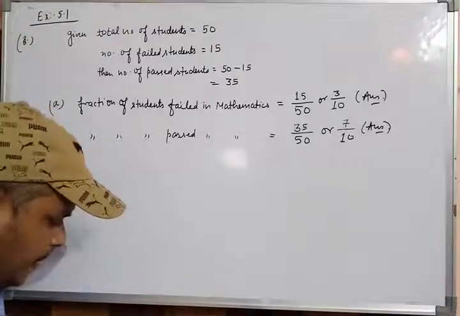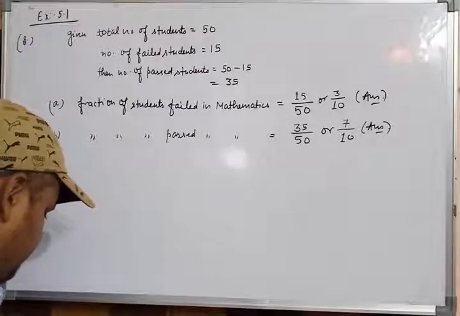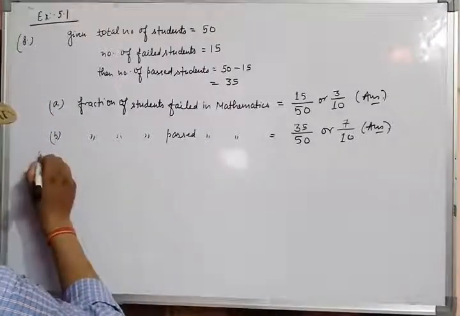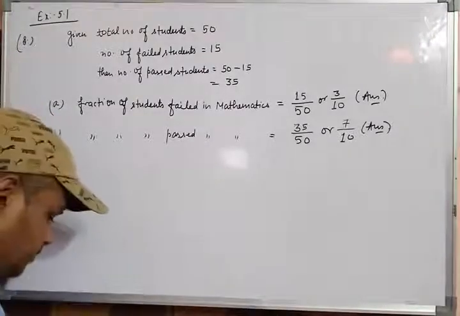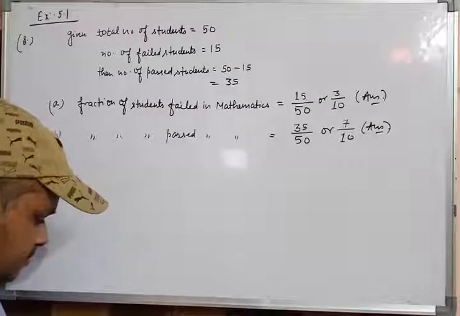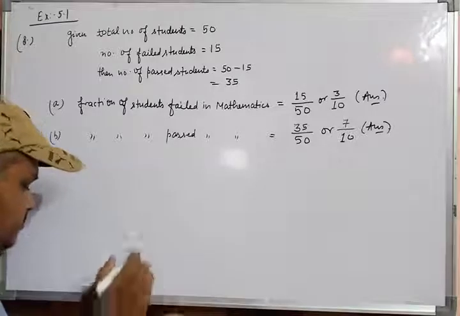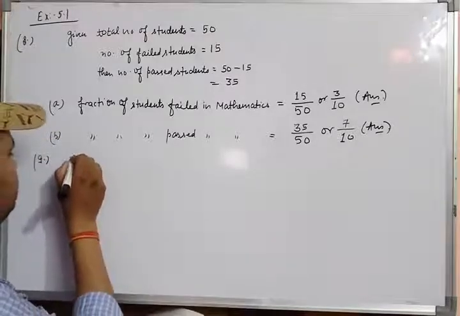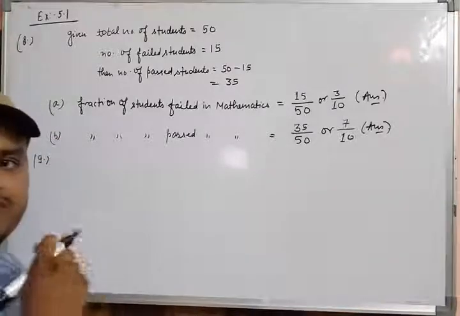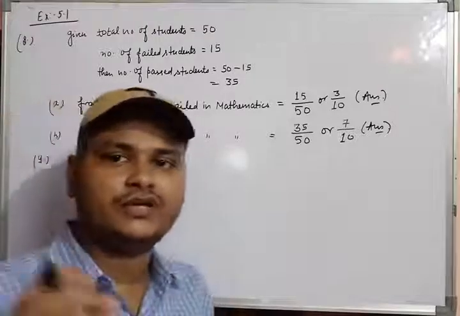Question number 9. In question number 9, write the numbers 1 to 10 and write the fraction of the numbers. First of all, you have to write the numbers from 1 to 10.